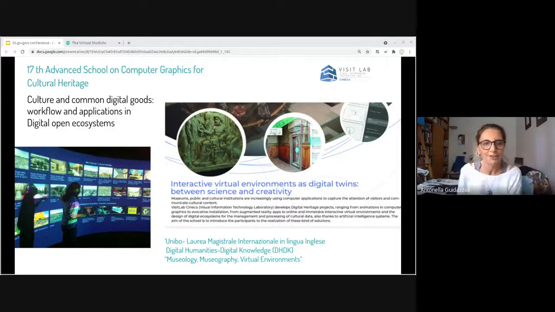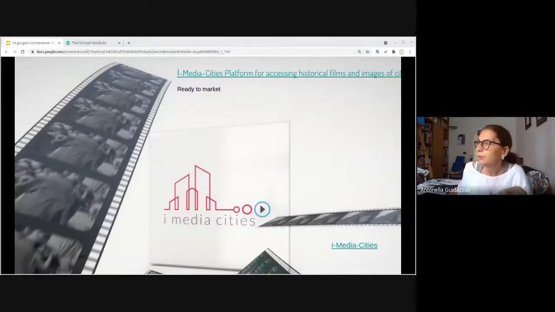So we are now trying to follow this path. In this school, we explain how we create our project, the pipeline we use, and we also collaborate with Unibo, and we host PhD students and stages, and it's quite an interdisciplinary environment.